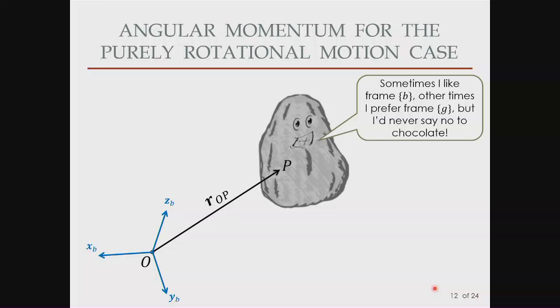It will not apply to general motion, which is not necessarily purely rotational motion. And then this frame B, again, we will be able to choose infinitely many such frames that are attached to the rigid body. I'm not concerned about a particular orientation. I just need to choose one orientation of frame that is moving together with the rigid body and keep working with it.